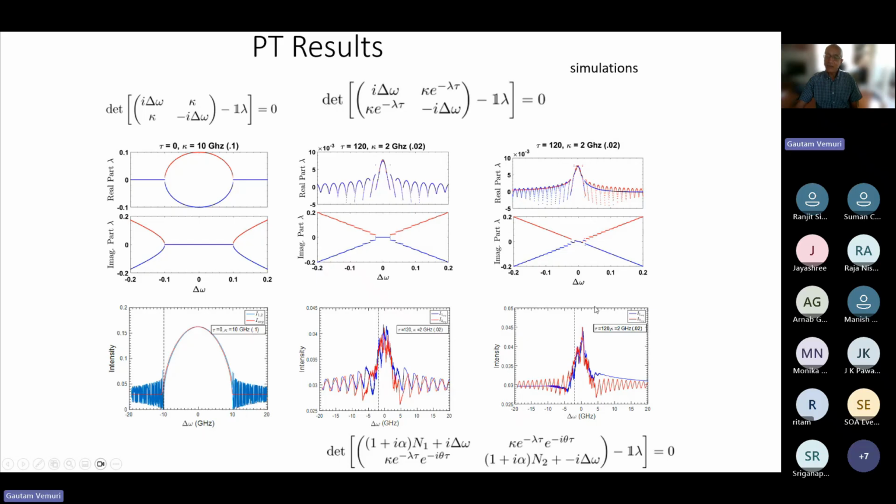This is the kind of behavior I should be expecting in my experiments, because in my experiments there is simply no way for me to neglect this phase accumulation term. While the theoretical result without it just shows the effect of the time delay, this is the effect of the time delay with the phase accumulation term also.